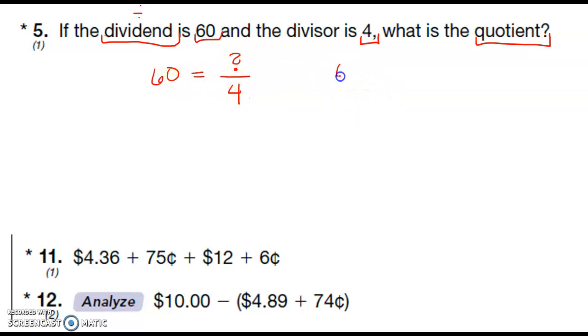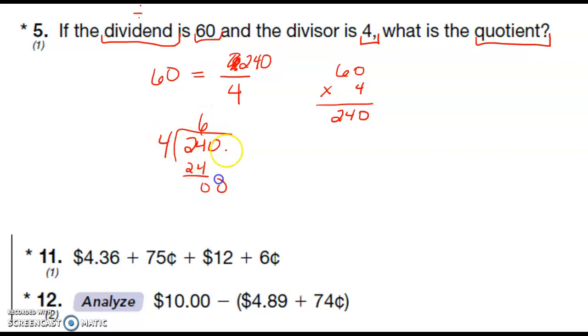What I'm going to do is multiply. I'm going to do the opposite or the inverse. And I know 60 times 4 is 240. So if I replace this with 240, 240 divided by 4 is 60. So this is going to be my answer.